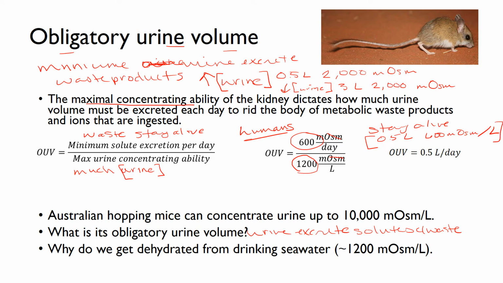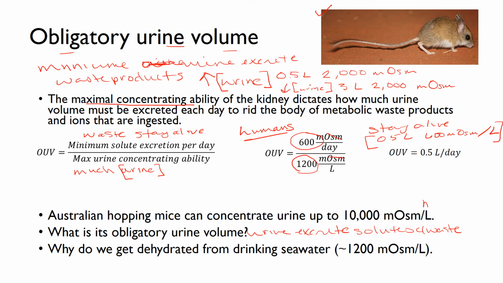Okay. So interestingly, as I mentioned, there are other animals on this planet who can maximally concentrate their urine at amounts that are just staggering. And this little guy up here in the corner is a mouse that comes from the deserts of Australia. This mouse has the ability to concentrate its urine up to 10,000 milliosmoles per liter.